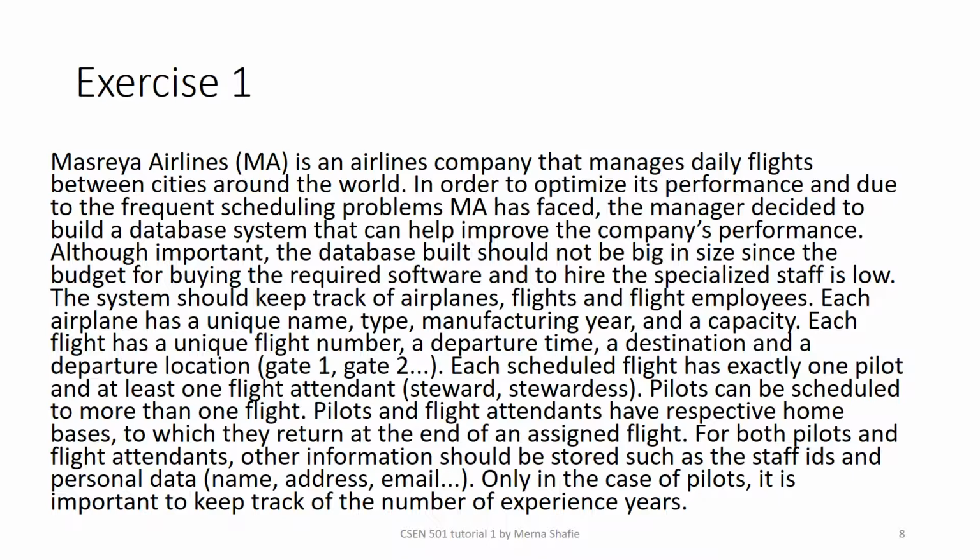In real life you get a client who keeps asking you for many, many things, some of which are important to you and some are not. What is important here is that you are able to extract what you need. What do we need mainly? We need to extract the entities, the attributes, and the relationships between the different entities.